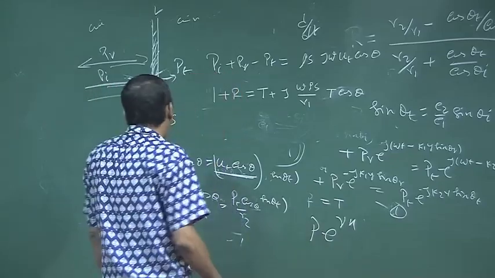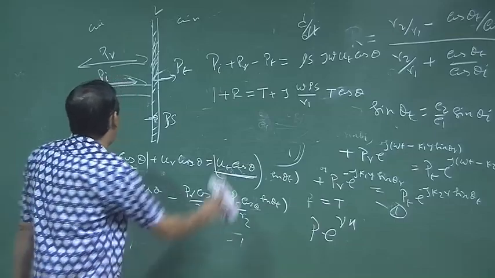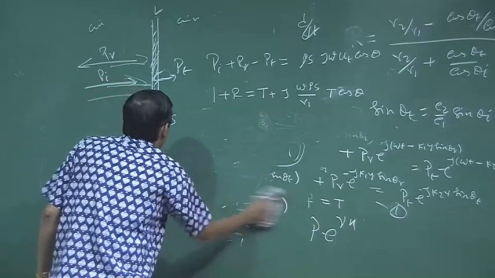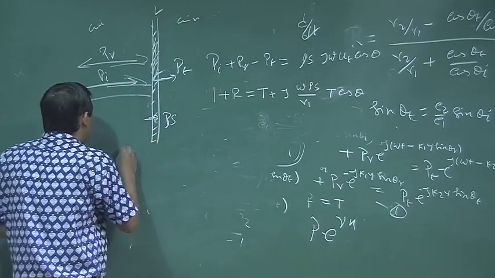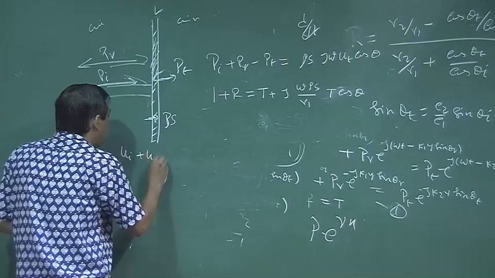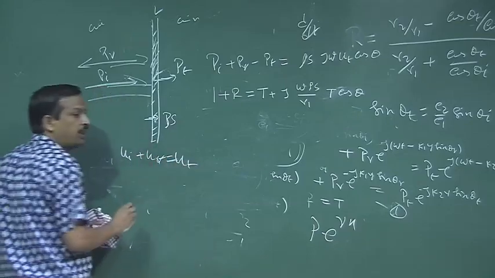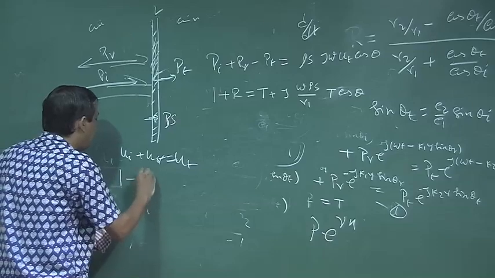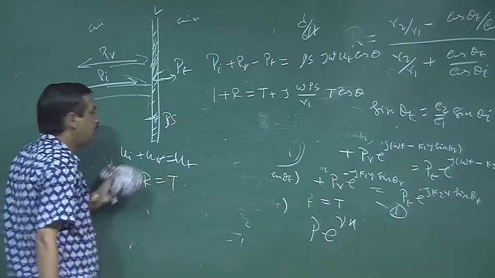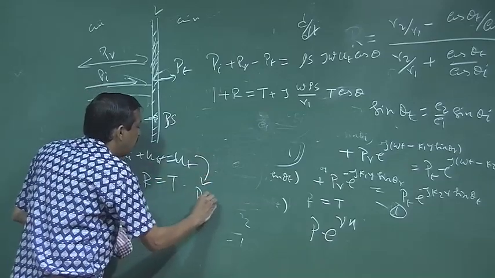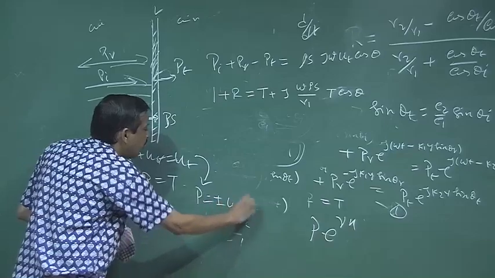Generally ui plus ur equals ut for the normal component, so 1 minus R equals T, from this equation putting p equal to plus or minus u r.